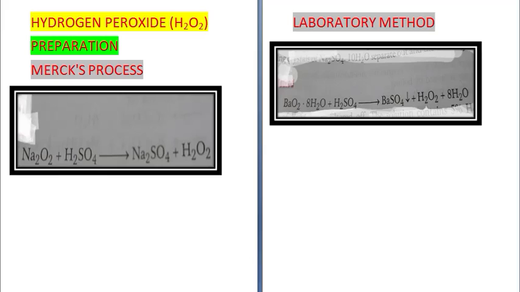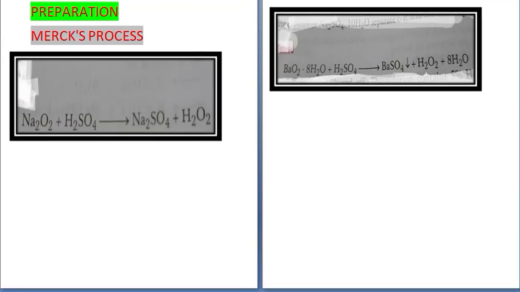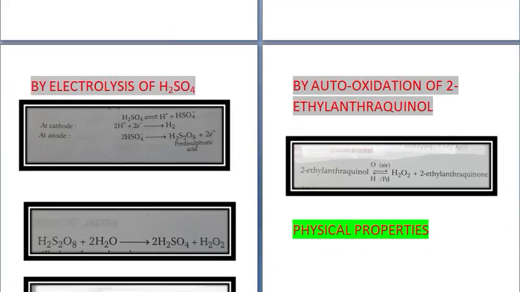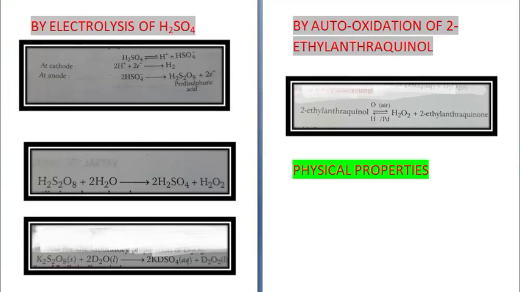Next is by electrolysis of H2SO4. Now in this case we take 50% H2SO4. Electrolysis means the H2SO4 splits into H+ and HSO4-.